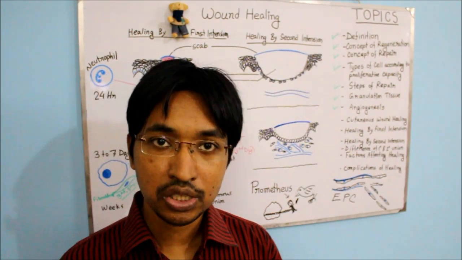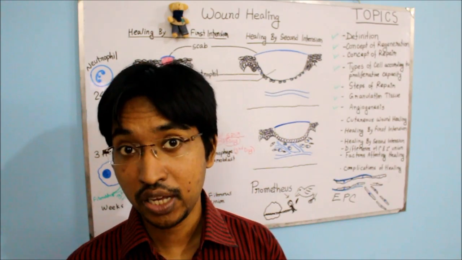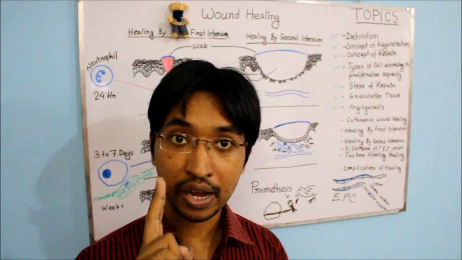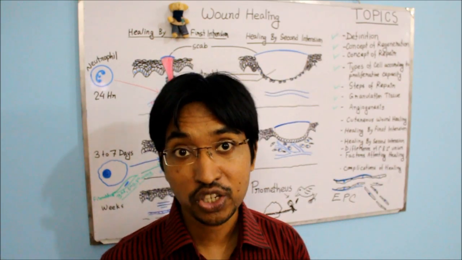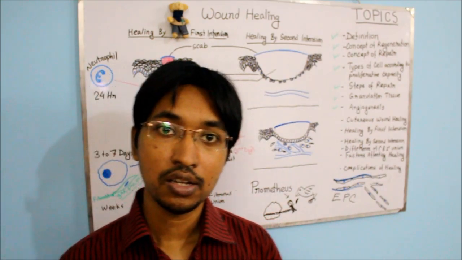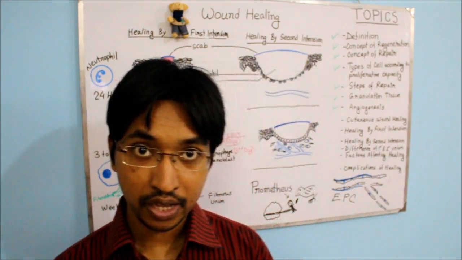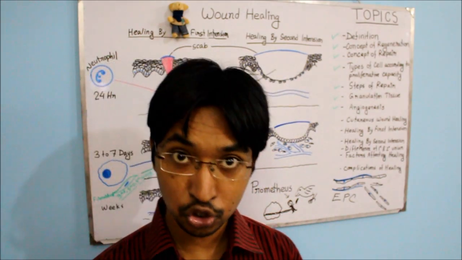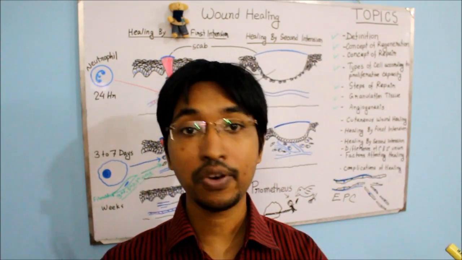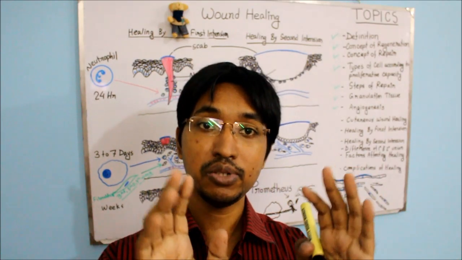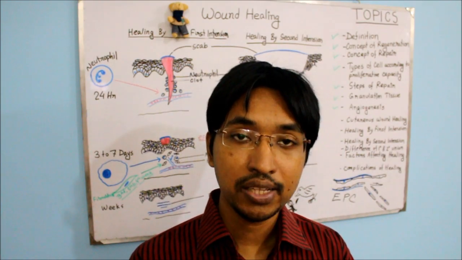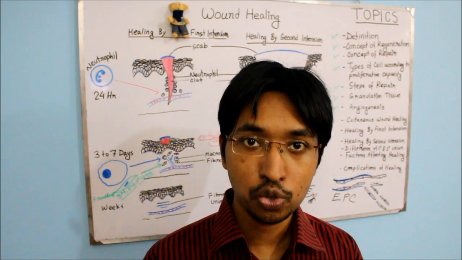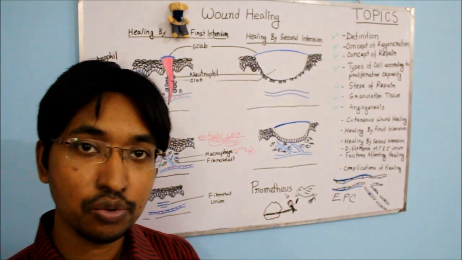Initially, we will see a provisional matrix that will contain fibrin, fibronectin, and collagen type 3, but later the collagen type 3 will be replaced by collagen type 1, and there will be formation of a scar tissue that will have no inflammatory infiltrates and a very diminished amount of blood vessels. So by the end of 2 weeks we will see those changes and scar tissue will be formed.